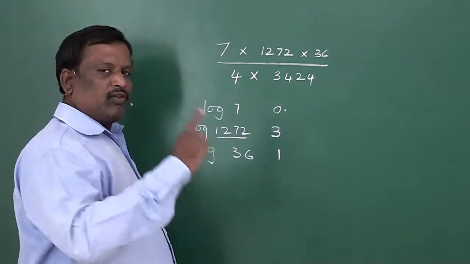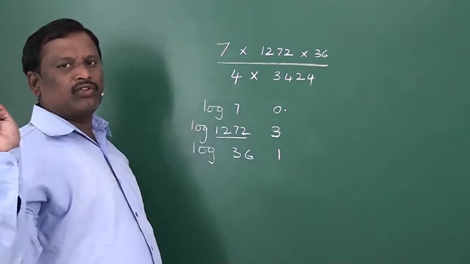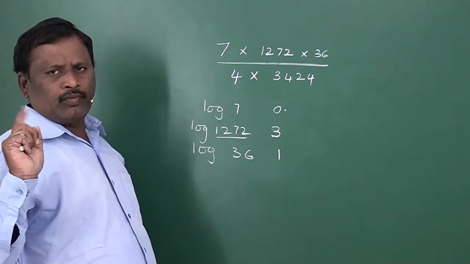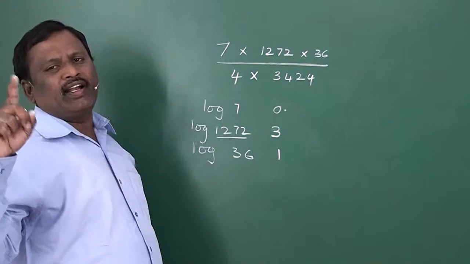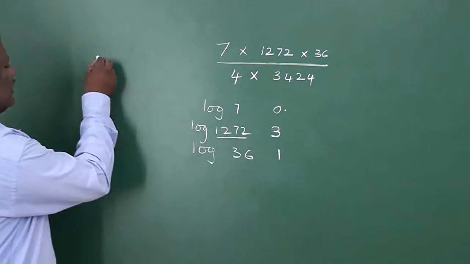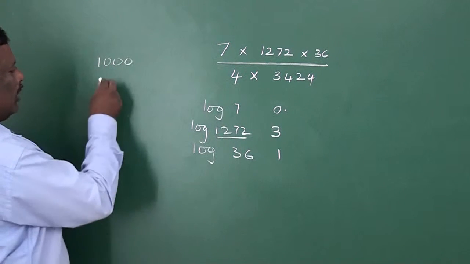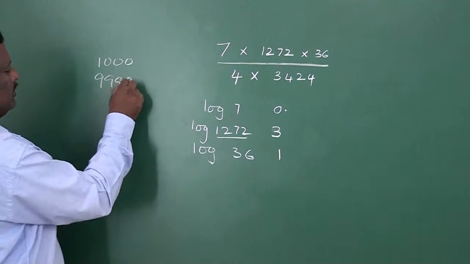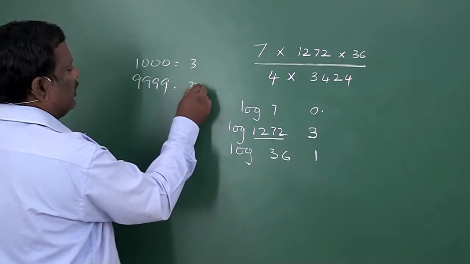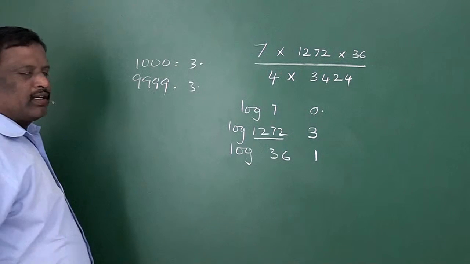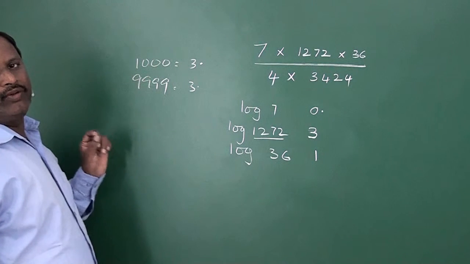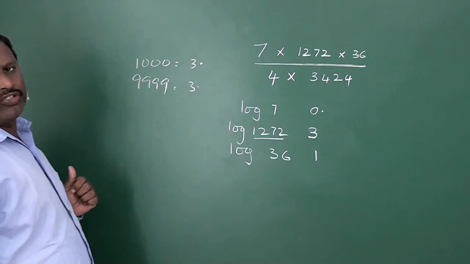For 1111 or for 1000 the characteristic is 3, and for 9999 also the characteristic is 3, because the least 4-digit number is 1000 and the highest 4-digit number is 9999. In both cases the characteristic is 3 only, because it's a 4-digit number. The characteristic won't depend on the value of the numerical; it only gives us the number of digits present in it.